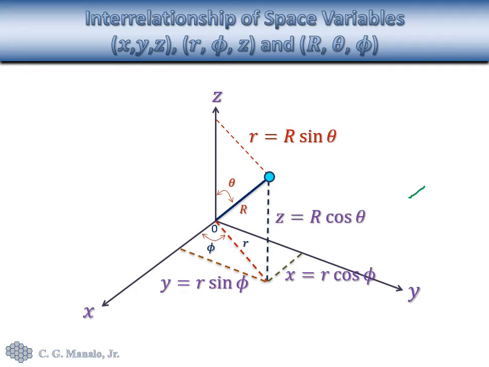For example, I can compute for the x coordinate from small r, that would be r cosine phi, y would be r sine phi, and z is also capital R cosine theta, and here we have small r equals R sine theta.